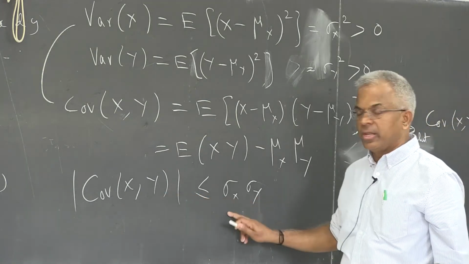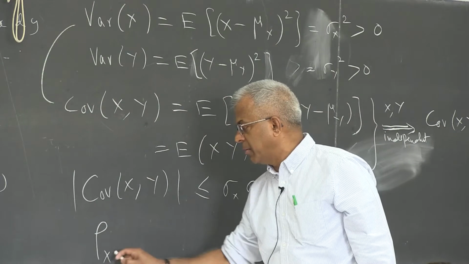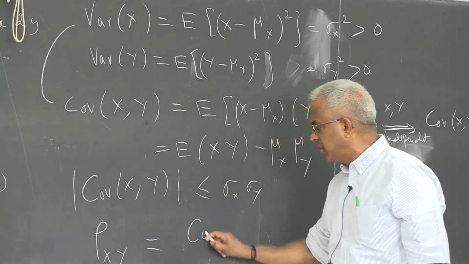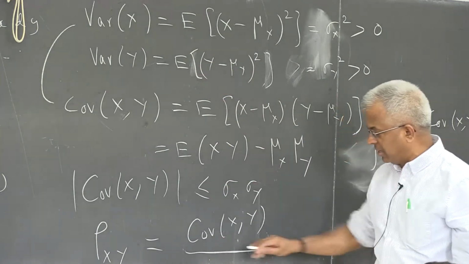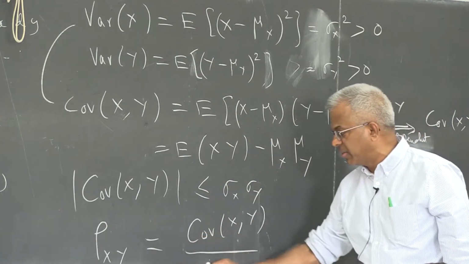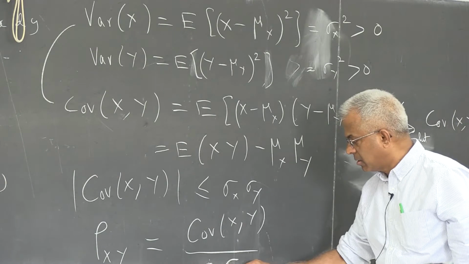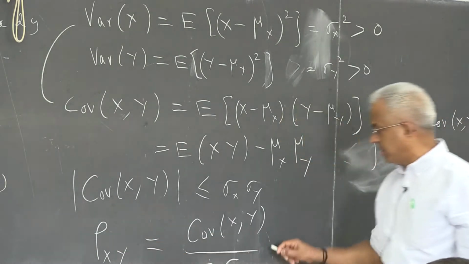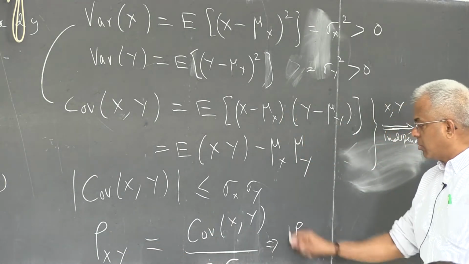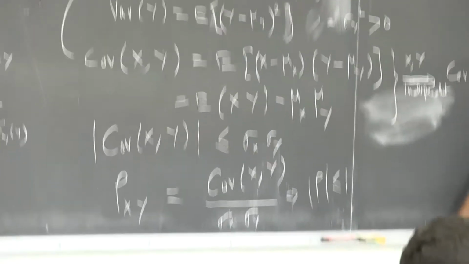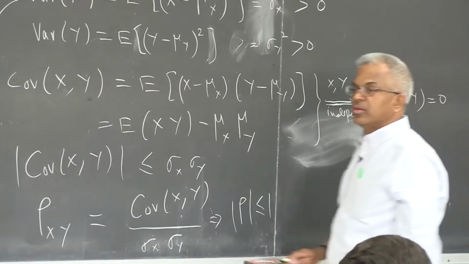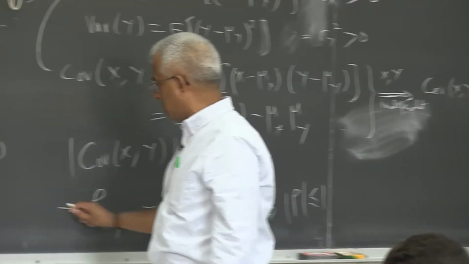Because of this property, we defined a dimensionless quantity as their ratio, covariance over sigma x sigma y. So this way you can see why I didn't want to start with this definition, why everything is logical. Of course, the quantity as we have defined it, rho, will always be between -1 and +1. Rho is what we define as the correlation coefficient.